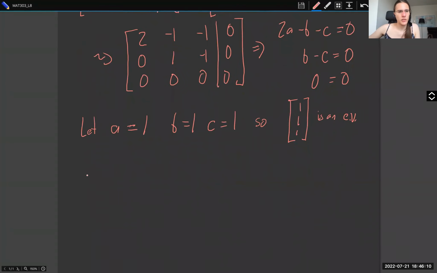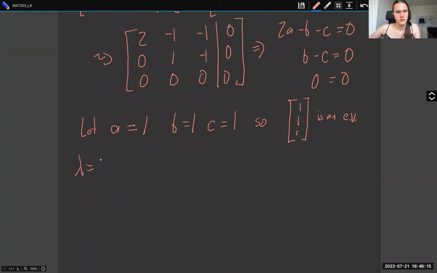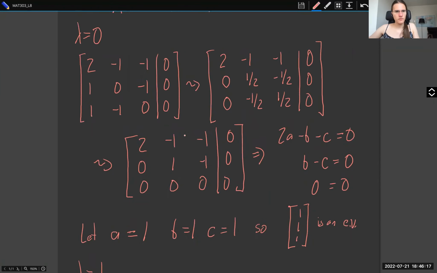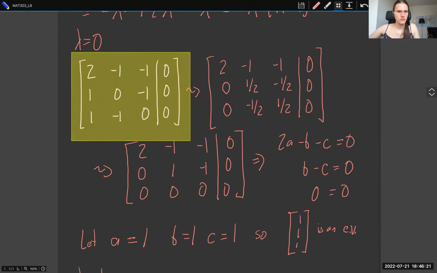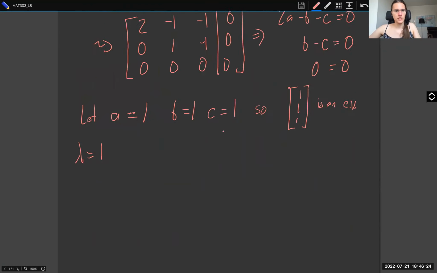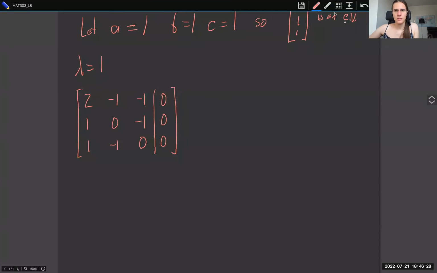Let's do lambda equals, what's the eigenvalue? 1. So now I'm going to subtract 1 from the diagonal. So this 2 is going to become a 1, and both of these 1s are going to become -1s. And okay, there's a clear linear dependence between these two.